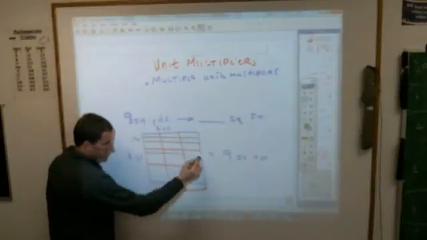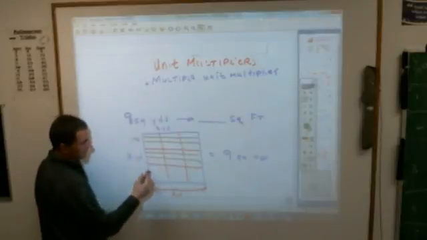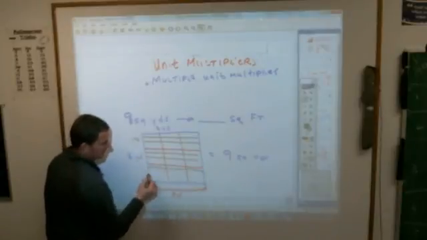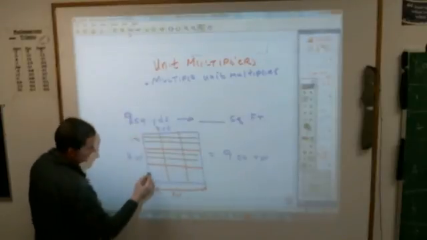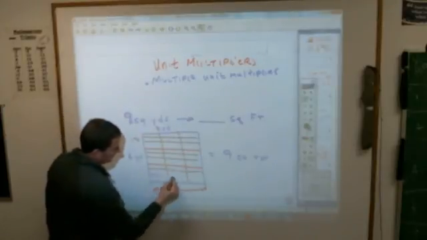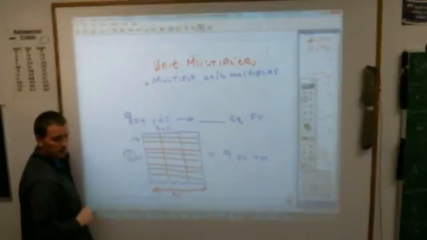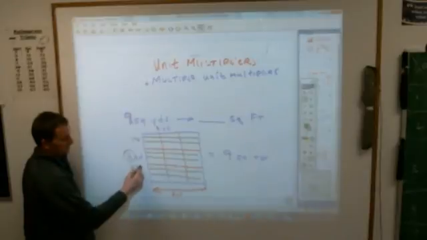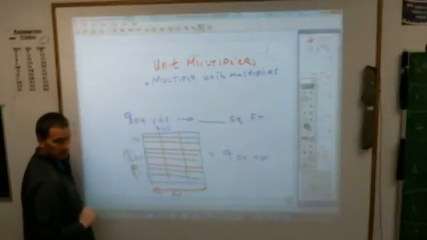I split this into 3 pieces, and each one of those yards becomes 3 feet, and I split this into 3. So 3 yards is how many feet? 9 feet, correct? There's 9 feet going this way.